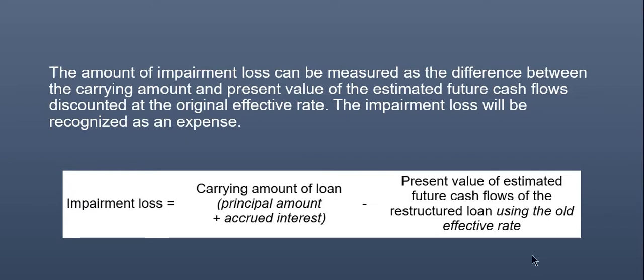Minus the present value of estimated future cash flows of the restructured loan using the old effective rate. In getting the present value of the estimated future cash flow of a loan, we use the nominal rate or the old effective rate.